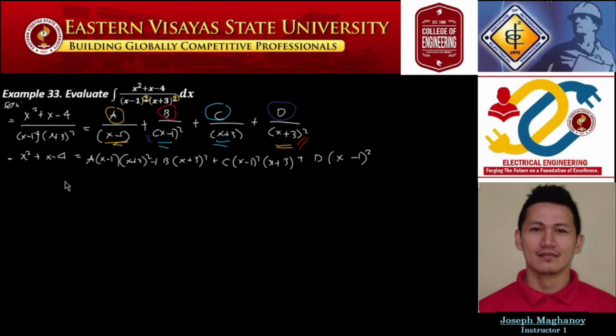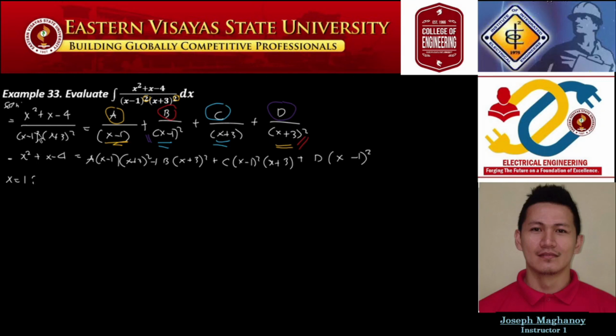Okay, so we assume values. We start with it. So if we keep this to 0, this will become positive 1 and this will become negative 3. Okay, so we'll start with the value of our x is equal to 1. So here, we can solve for our b. Okay?